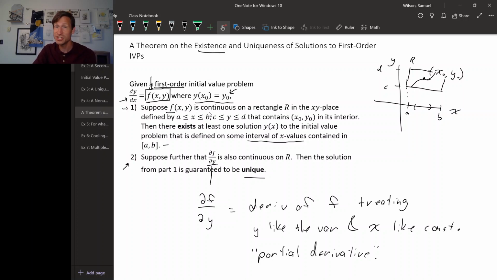So the initial condition is a key piece of whether a solution exists and is unique, because you have to be able to wrap the initial condition in this sort of safety rectangle to know that a solution exists if the function is continuous on that safety rectangle and is unique if the derivative with respect to y is also continuous on that safety rectangle.